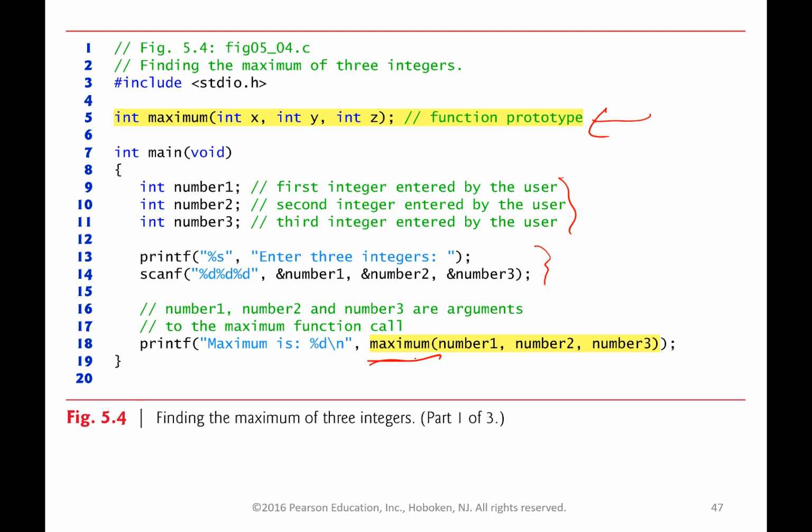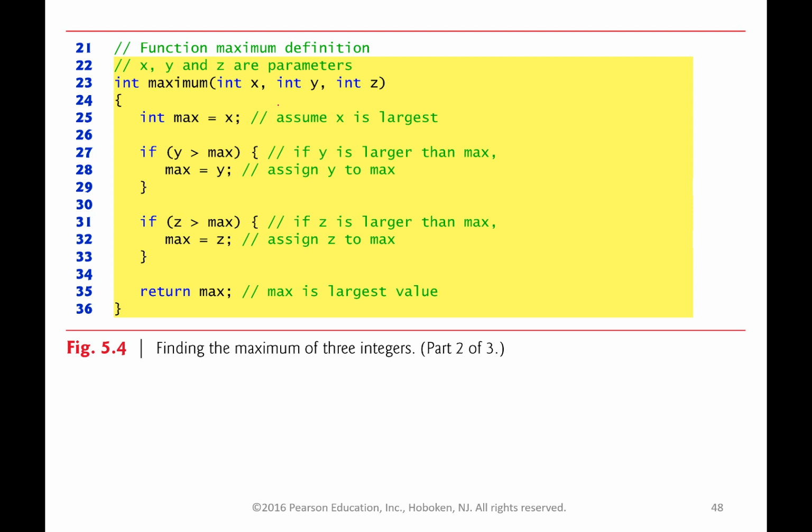Now again, it's a bad habit to get into, but you're going to look at code at some point where someone's not going to have this x, y, and z. They're just going to have int, comma, int, comma, int. That's okay in the prototype at the top. But when we have the header, we have to define what they are.